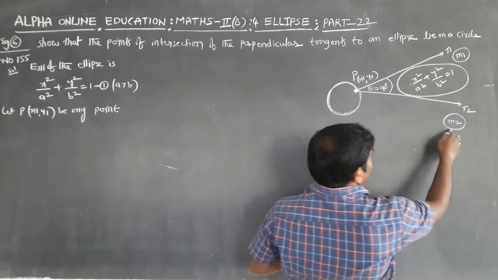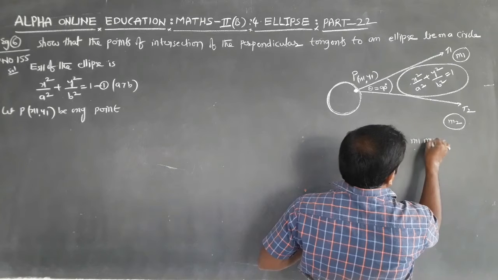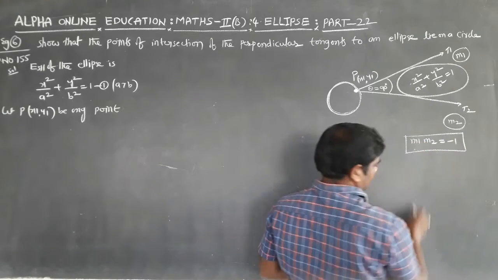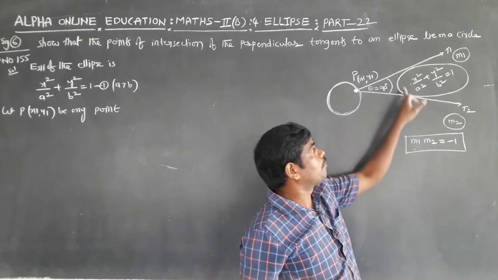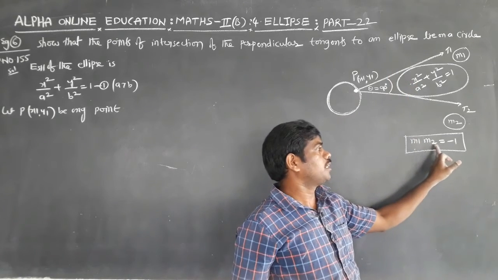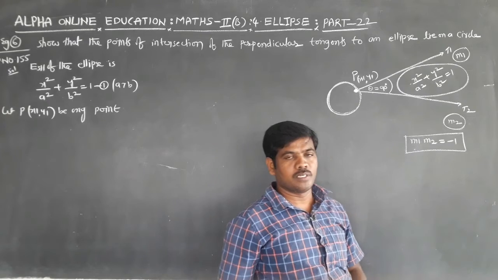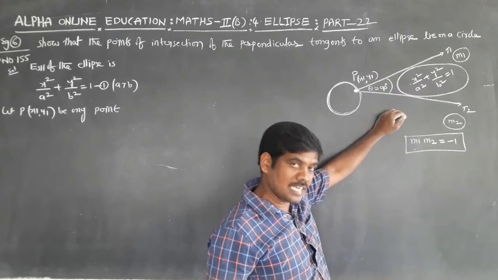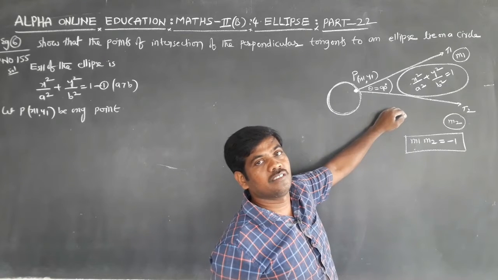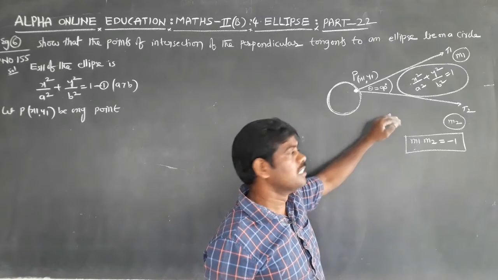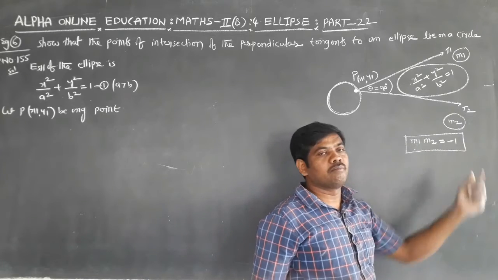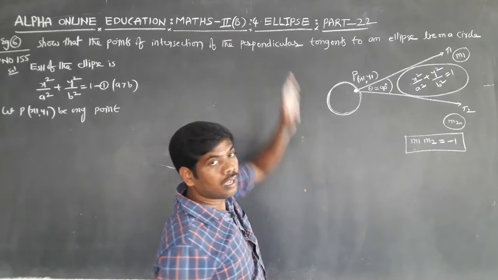If two lines are perpendicular, then the product of the slopes is equal to -1. So, first of all find the equation of the tangents, find the m1 and m2 values, equate the product to -1 and get the answer.